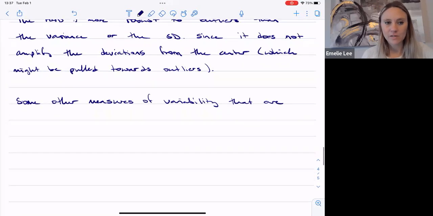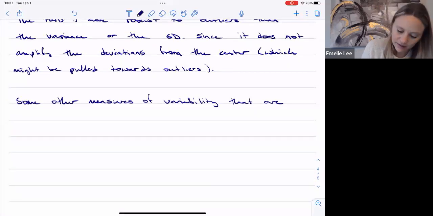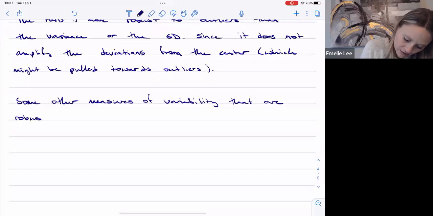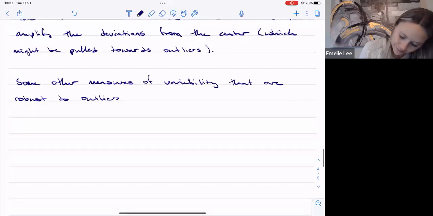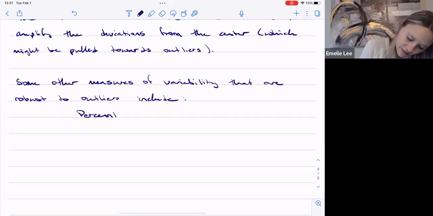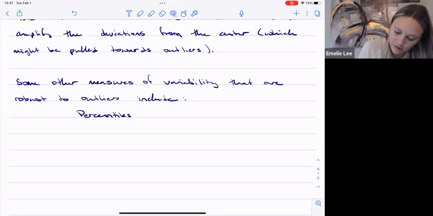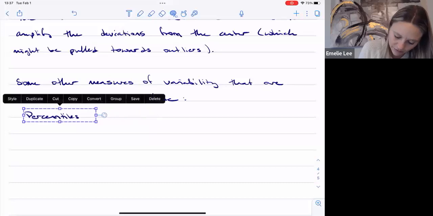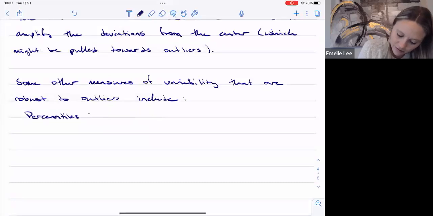Okay, and so some other measures of variability that are robust to outliers include the percentiles. And maybe what I'll do is I'll bump this over and define the percentiles, right?